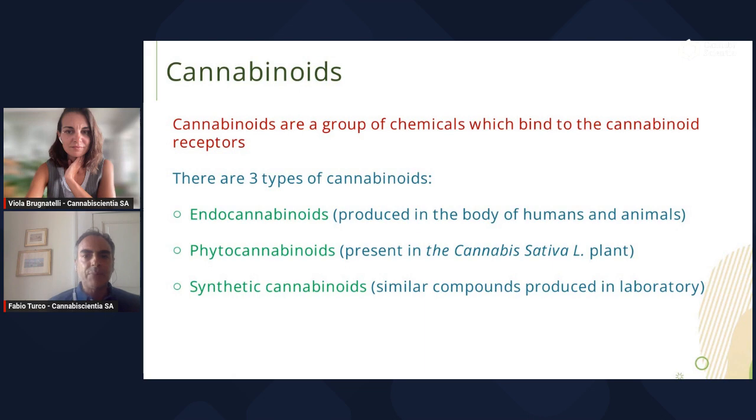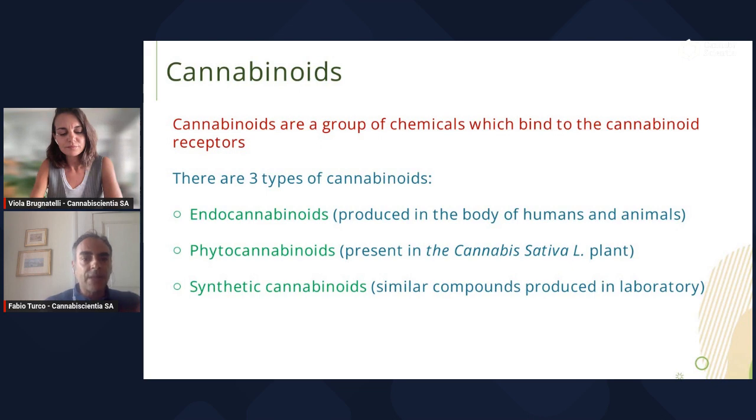We have endocannabinoids, that are naturally occurring compounds produced by our body that regulate various physiological processes such as pain sensation, appetite, and mood. They exert this effect by interacting with the components of the endocannabinoid system, which, I like to remember, regulates homeostasis. That is the balance between all the organs, apparatus, and components of our body.